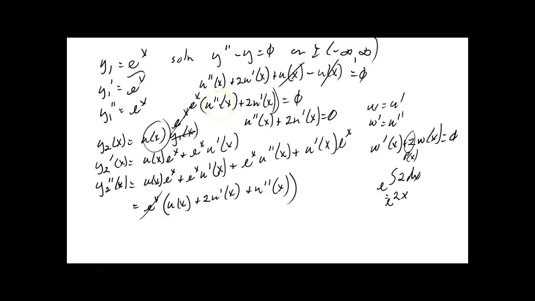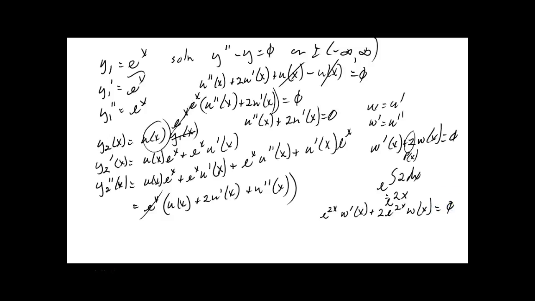Notice that's different from e to the x. Okay. So what did we do with it? We plugged that in here. Excuse me. We multiplied everything on both sides with that. So we had e to the 2x w prime of x plus 2e to the 2x w of x equals 0.